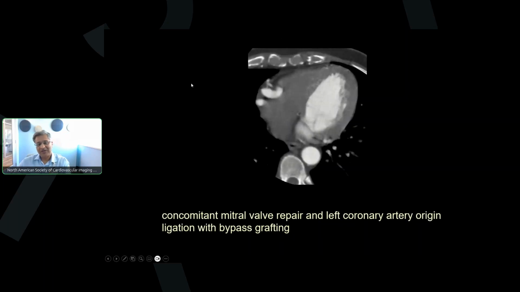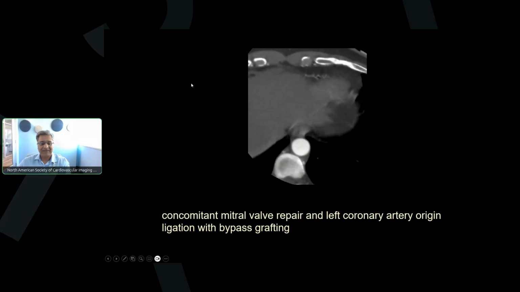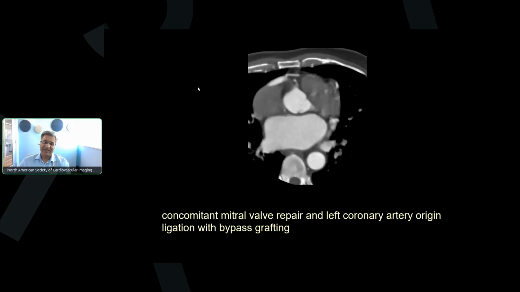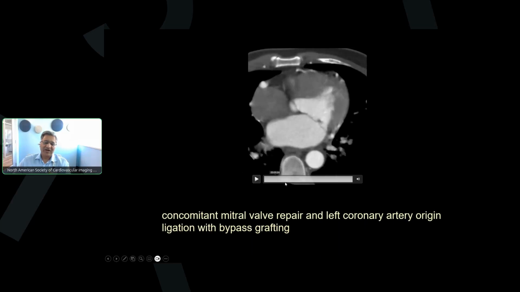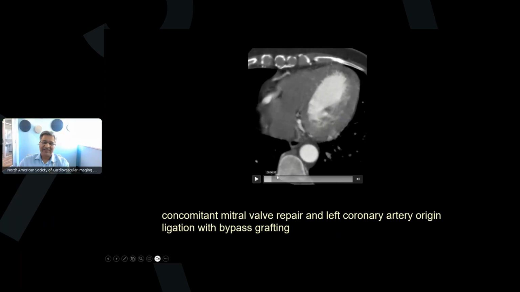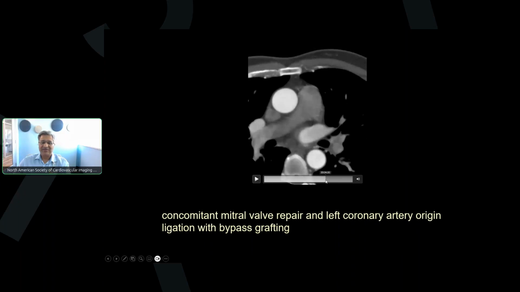That is the most commonly used approach in these patients. So this was interesting from an ED perspective that you could see this dense contrast coming into the pulmonary artery, which is the key to make us aware of this entity.